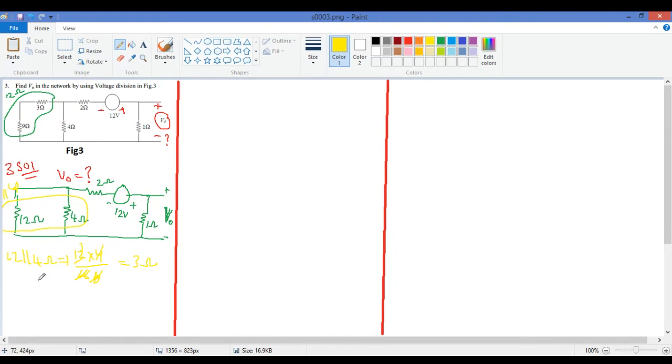Okay, so I just write here. You have got 3 ohms and 2 ohms, minus plus 12 volt, 1 ohm, plus minus this V naught.